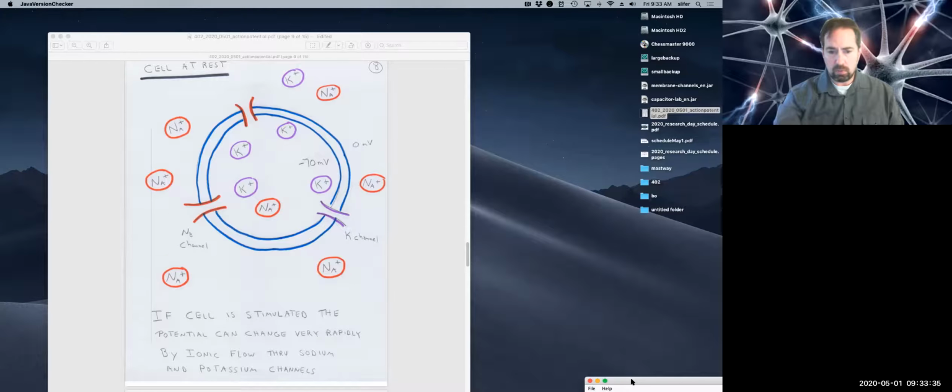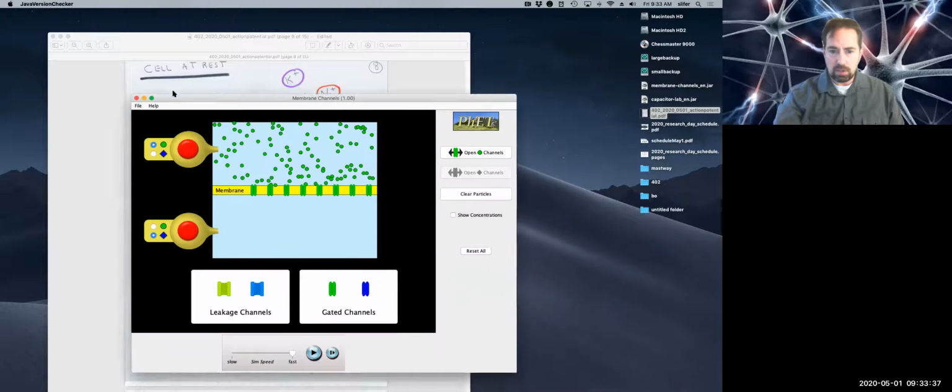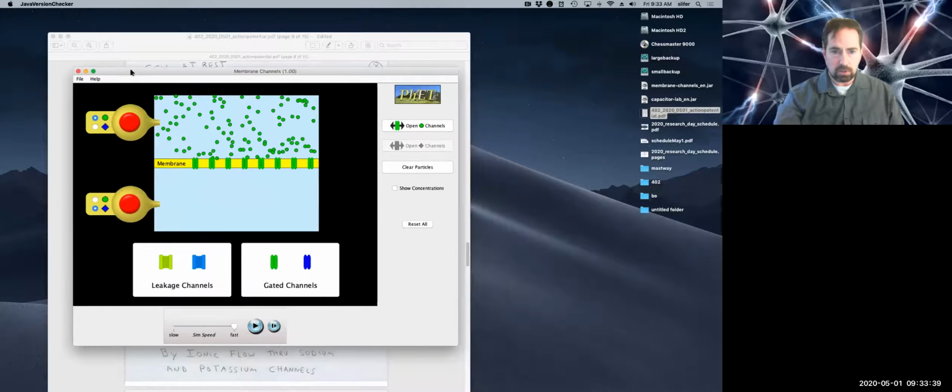And here's a little model of what's going on. I'm only going to show one of them. Let's say that these are the sodium plus ions outside the cell membrane, and they're banging around doing a kind of random dance outside. And these are my sodium channels that I can open and close.